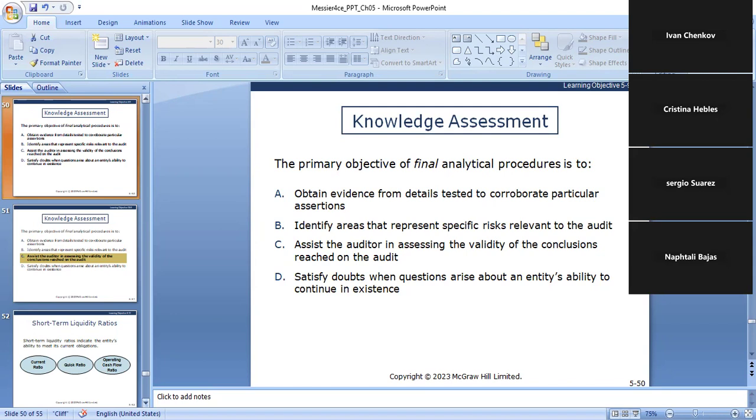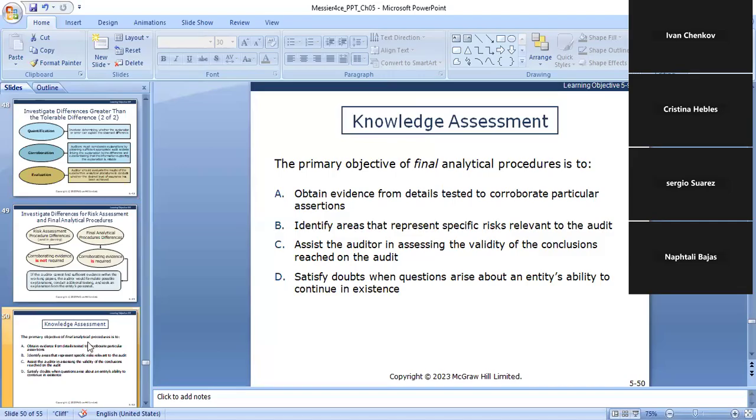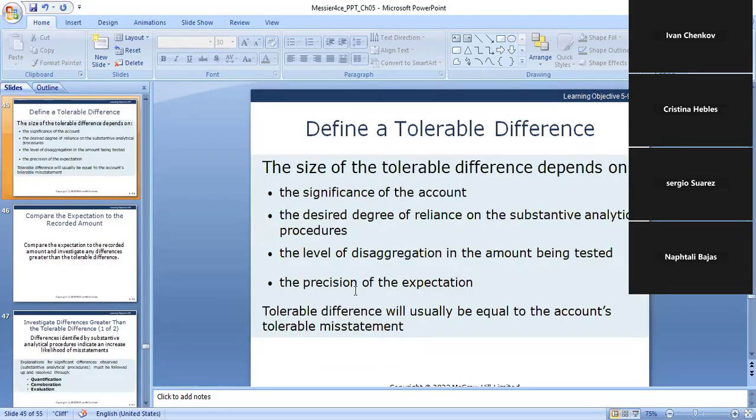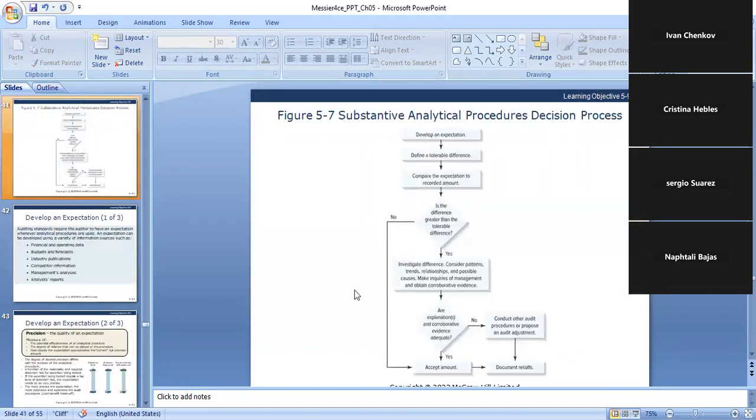That won't be it. That will be about determining the audit process and audit procedures, rather than the final analytical procedures. So the final analytical procedures, if you're going to go to the final analytical procedures, again, those are the, what was that?